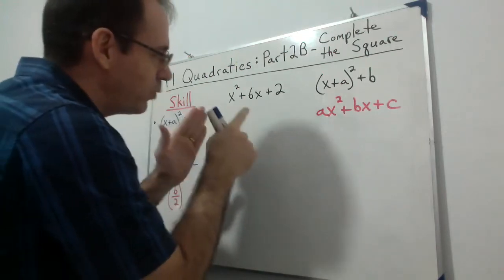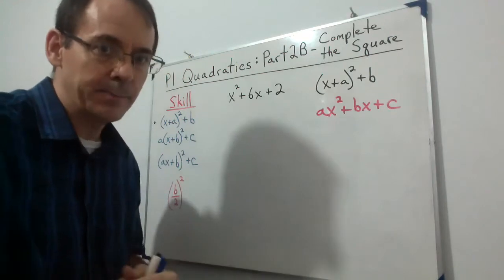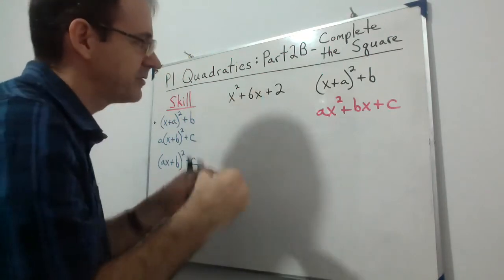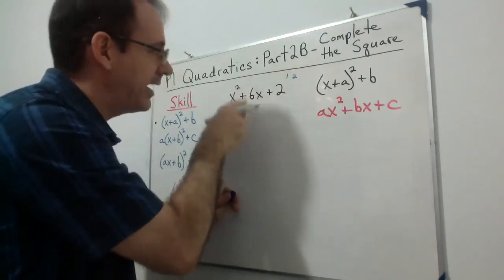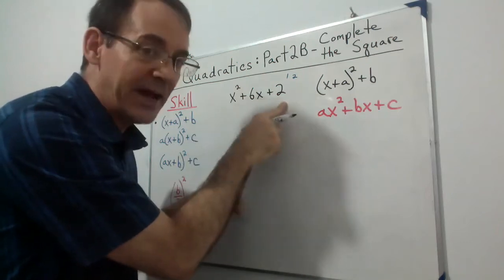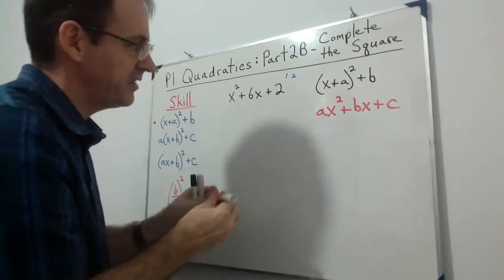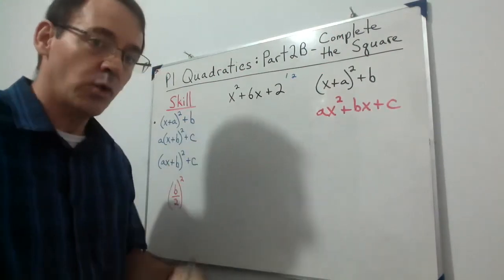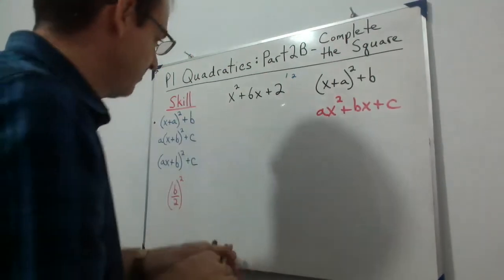And when we want to factor this, the 2 does not work, meaning when you take the factors of 2, you just get 1 and 2, and they do not add up to give you 6. Okay, so we cannot factor this, let alone get a perfect square. So since this number does not work, we're going to search for the number that does work.